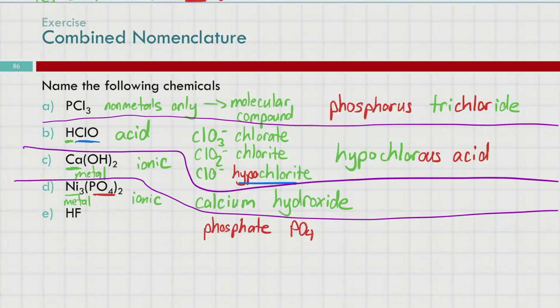It's on the green sheet. 3 negative, 3 minus. So PO4 3 minus, and we've got 2 of them, right? So we've got a total of 6 minus from phosphates.